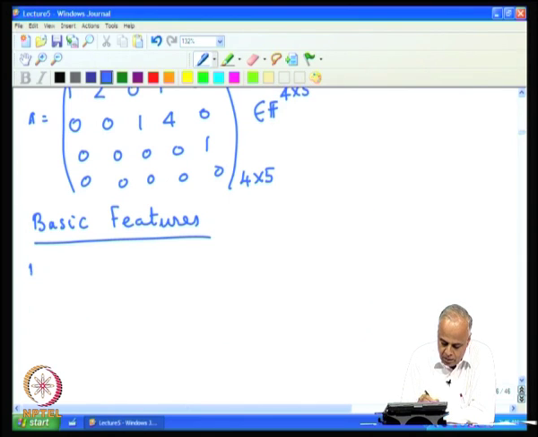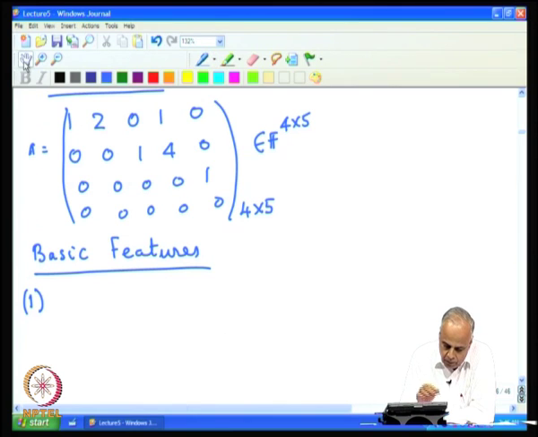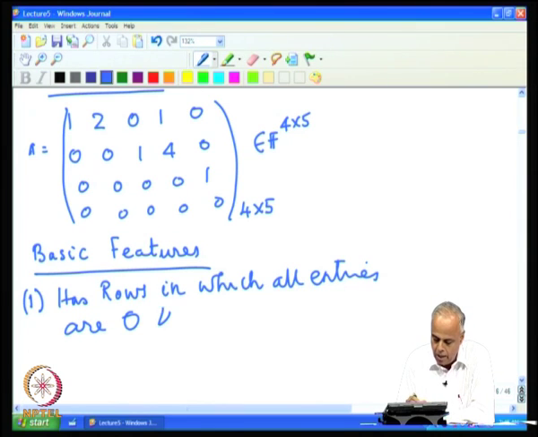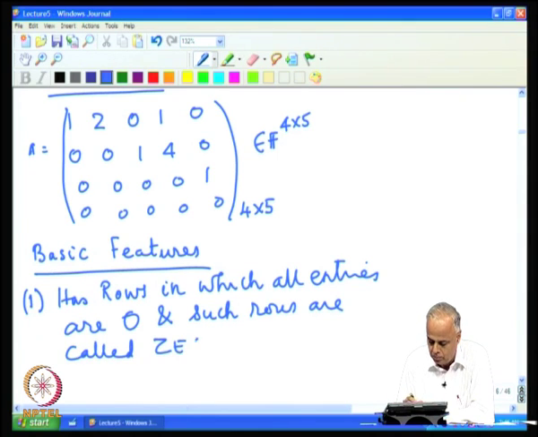The first thing that we observe is that the matrix A has some rows which are all zeros and some rows which have non-zero entries. So, the matrix has rows in which all entries are 0, and such rows are called 0 rows.